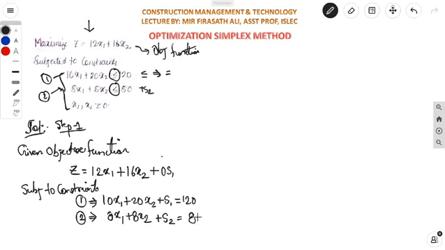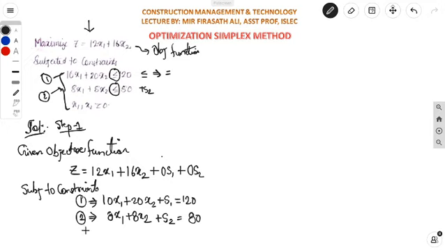If we add this, the less than or equal to becomes equal to. Again in the objective function we add 0 S2, where 0 is the coefficient of S2. Here 0 is the coefficient of S1. In this manner we have modified our given objective function.